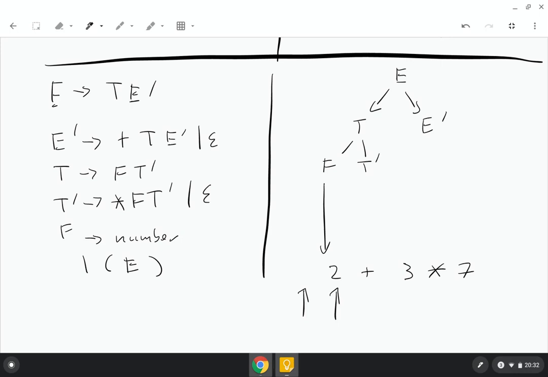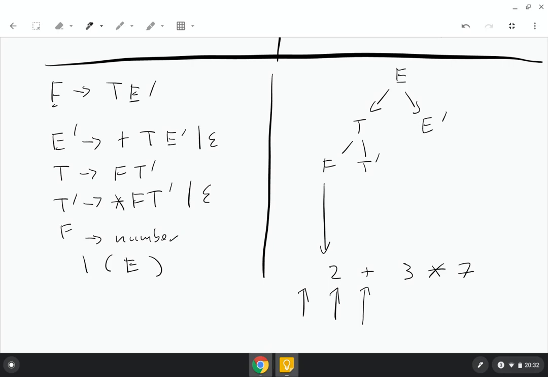So what about T prime? For T prime, the next character is a plus. So for T prime, we have 2 choices. We have either star or empty.